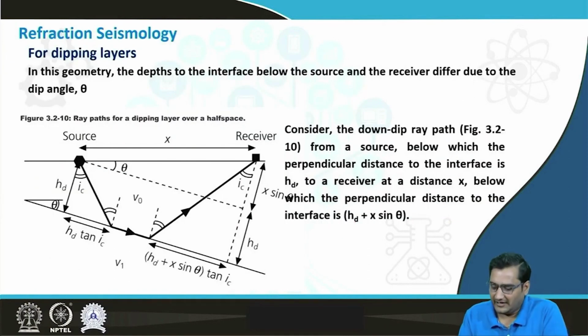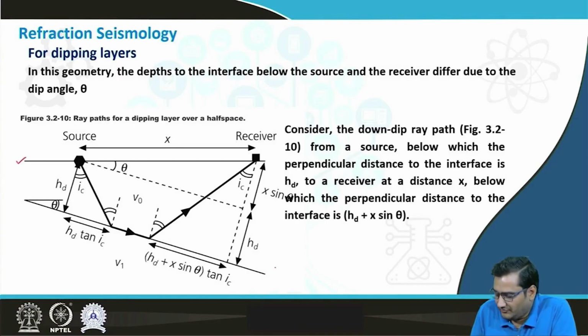Now let's calculate the apparent velocity of the refractor in the up dip and down dip directions. In this geometry, the depth to the interface below the source and the receiver differ due to the dip angle. You can see there is this surface and a dipping refractor over here, the source is located at this position, the receiver at this position, and the distance between them along the surface is x.